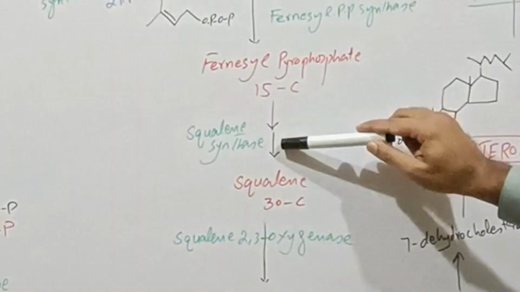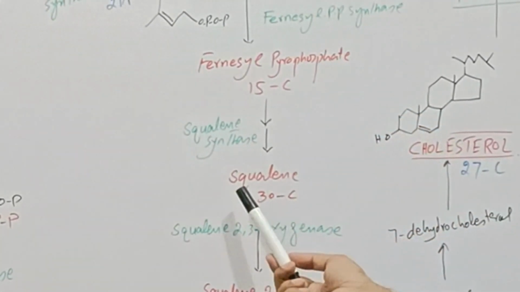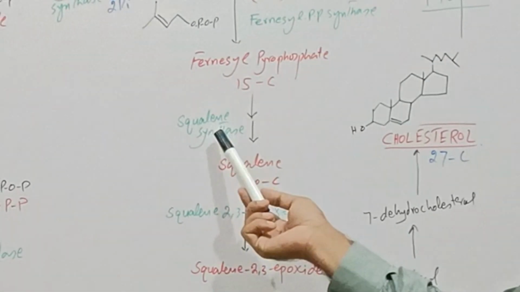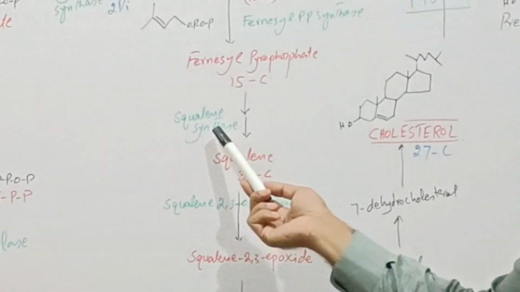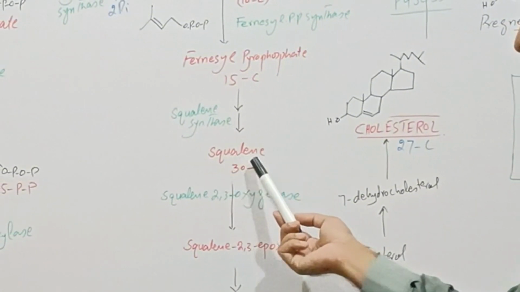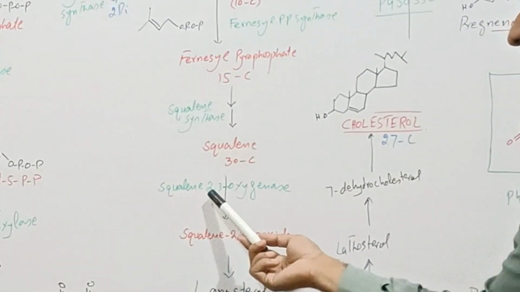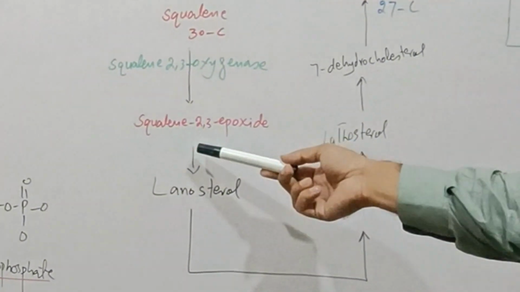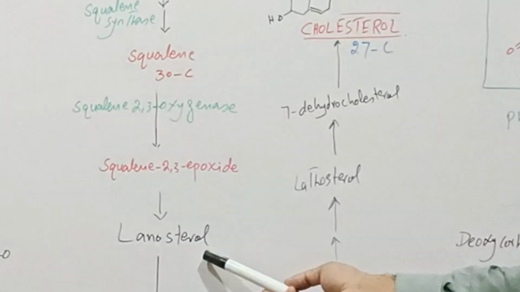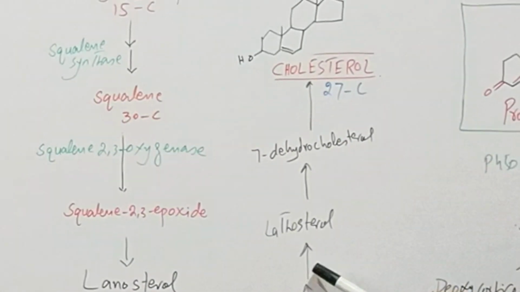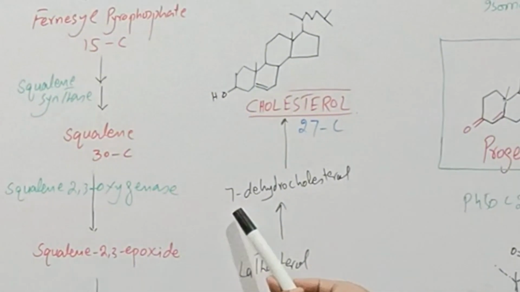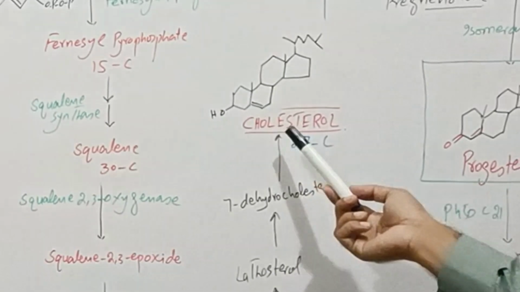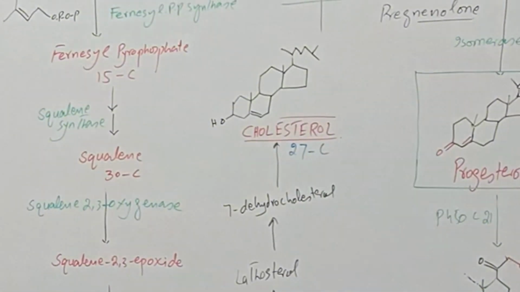It undergoes a series of reactions and ultimately we get squalene which contains 30 carbons, and the enzyme which catalyzes the final reaction is squalene synthase. Squalene undergoes oxidation in the presence of squalene 2,3 oxygenase to form squalene 2,3 epoxide, which after a series of reactions is converted into lanosterol, which again after a series of reactions changes into lathosterol, 7-dehydrocholesterol, and finally we get cholesterol, a 27 carbon compound.